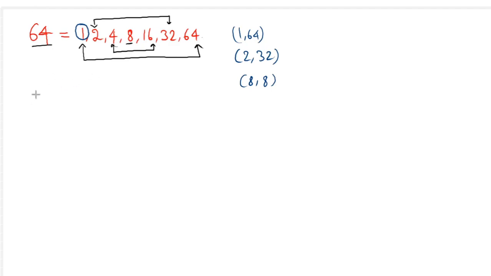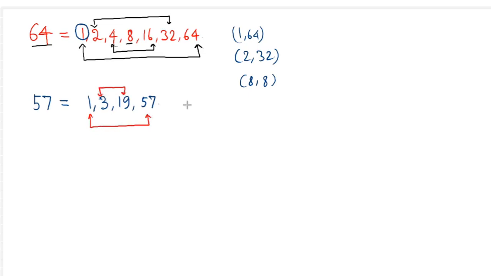So here let us consider another example, let's say n having the value of 57. Here the factors would be 1, 3, 19 and 57. So from here one can see the pairs are 1, 57 and 3, 19.